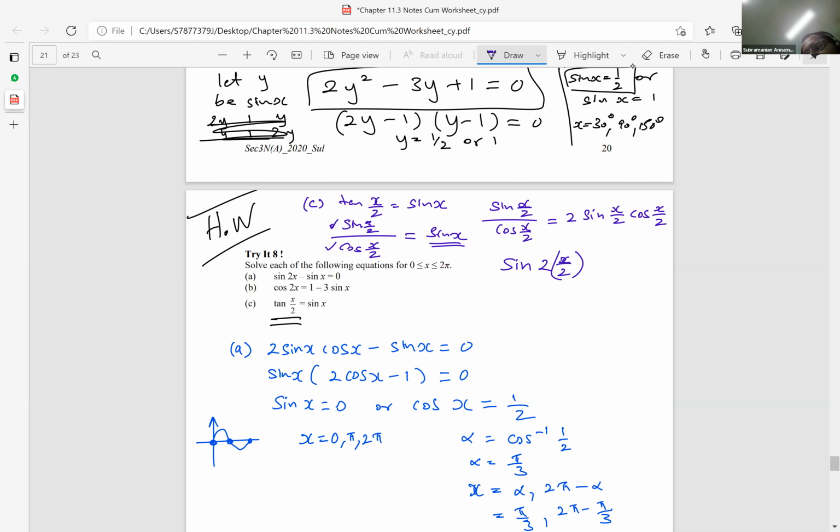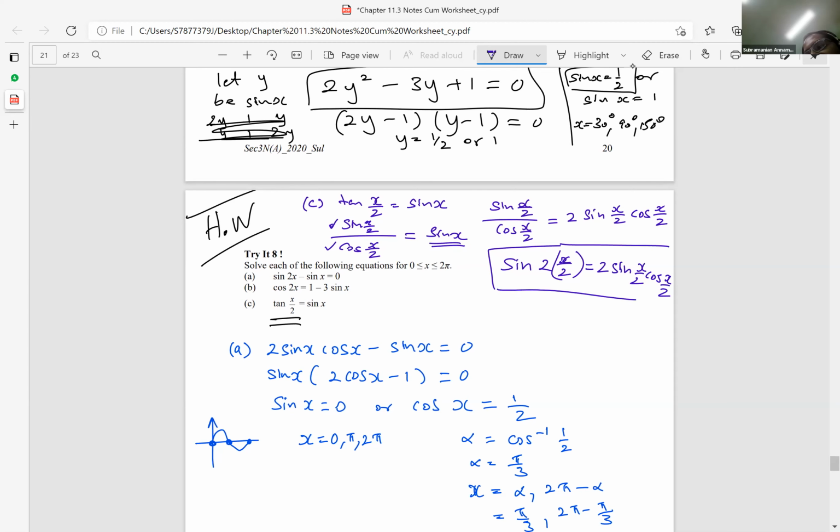This is actually equal to 2 sine x over 2 cosine x over 2. Do you understand this portion here? I'm converting the sine x into 2 sine x over 2 cosine x over 2. You will understand shortly why I did it this way, because this is one way to simplify the whole equation.